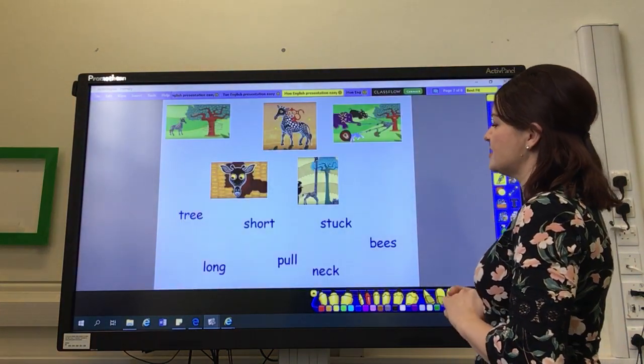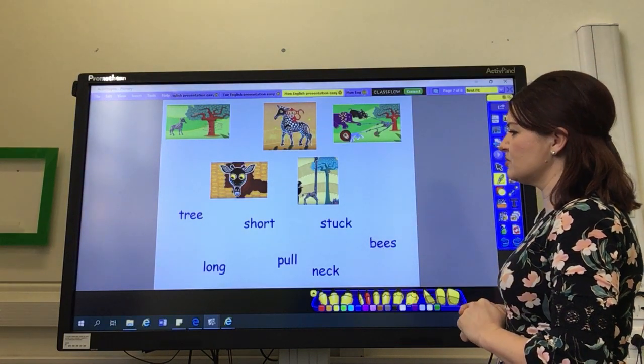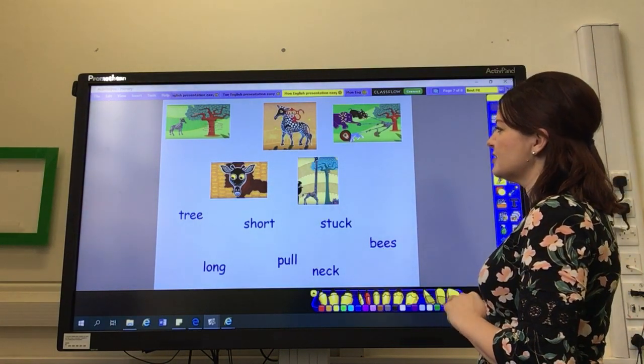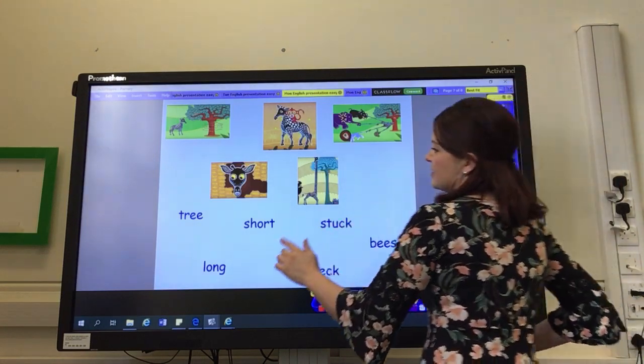But your job for today is to have a look at these words and see if you can match them to the pictures. So have a little look now. Let's sound them out together.